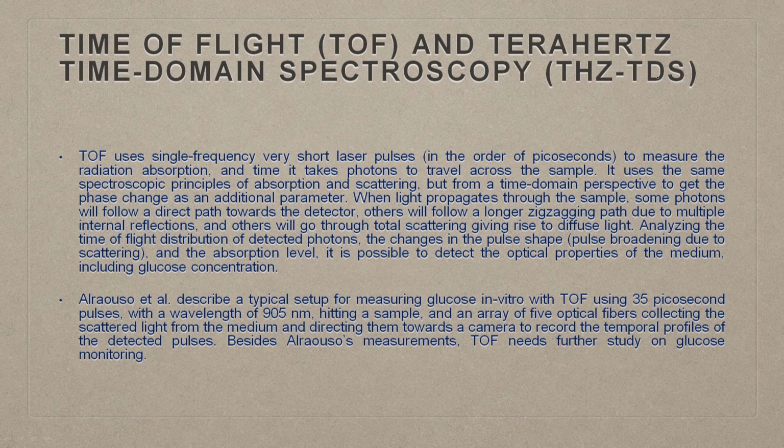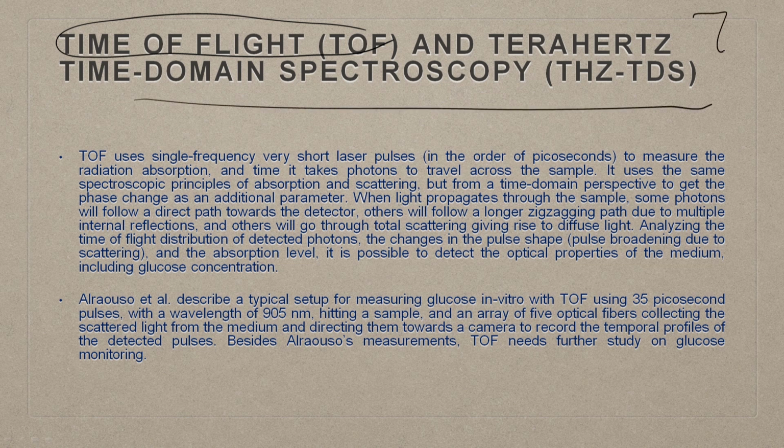The next area where a lot of work is going on is time of flight, or TOF, which is the mass spec, and terahertz time domain spectroscopy, which we call THz TDS. TDS stands for time domain spectroscopy and THz stands for terahertz. That is the short form. And time of flight, they call it TOF.